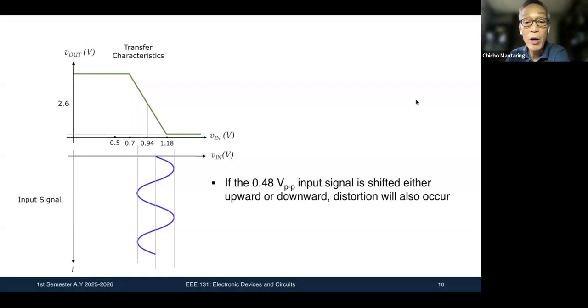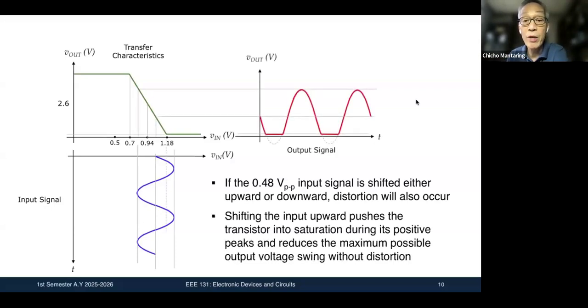So if I take a look at what my output will look like, it's going to look like this. Here, at this point, I'm going to hit saturation, so the negative portion of my output will be clipped. Nothing is going to happen to the positive portion of my output.